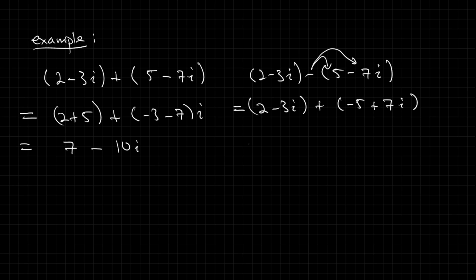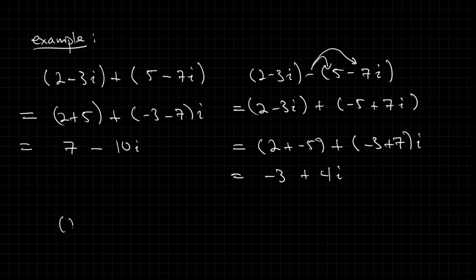Then I'll do exactly what I did with the addition. I'll go ahead and combine the real and imaginary parts. So this would be 2 plus negative 5 plus negative 3 plus 7i. And so I'm left with negative 3 plus 4i.